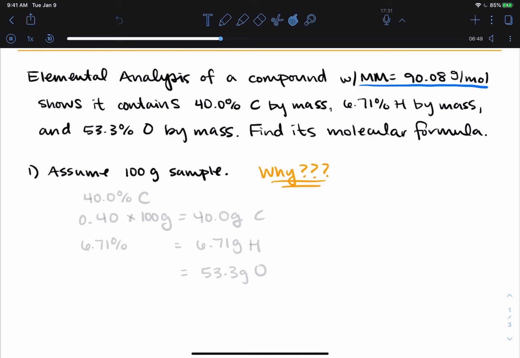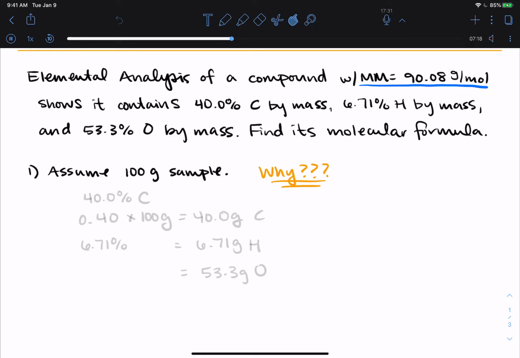You can actually pick any size sample that you want. The thing is, if we know the percentages, every sample size of this compound should have the same percent by mass. If it's a 100 gram sample, well, if it's 40% carbon by mass, it means that my sample had 40 grams of carbon in it. If it's a 1 gram sample, it means that I had 0.4 grams of carbon in it.